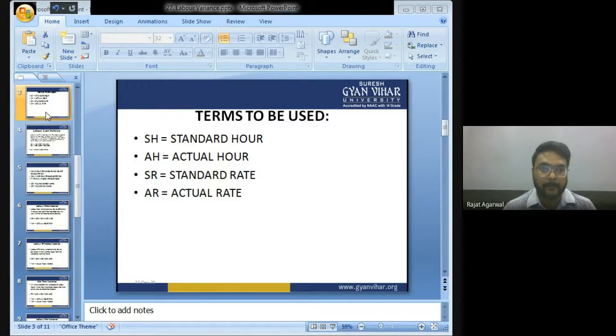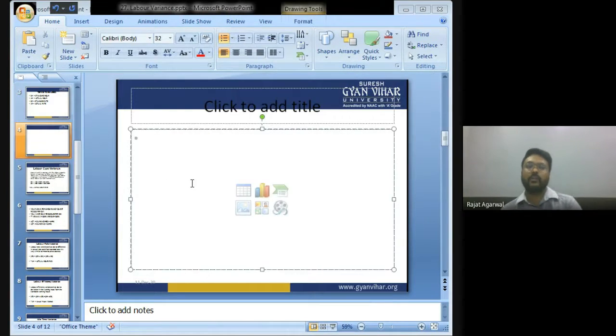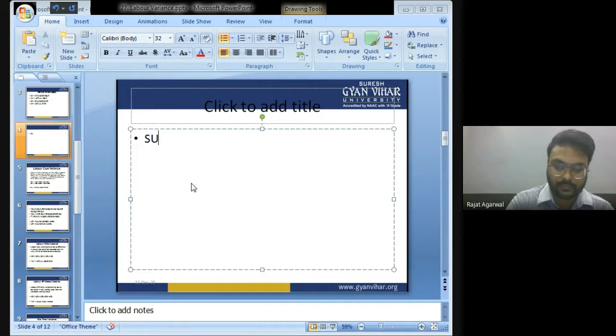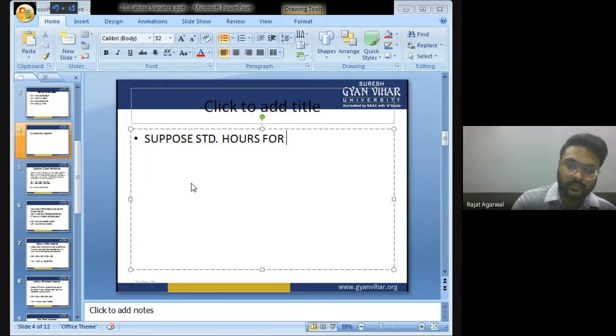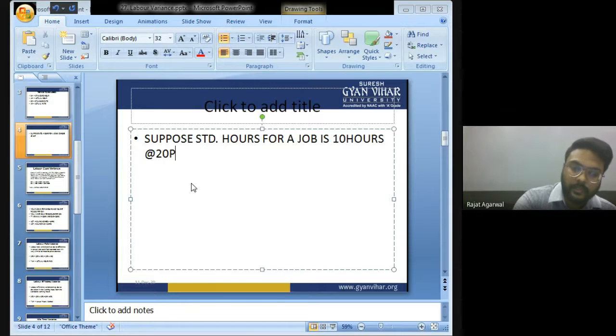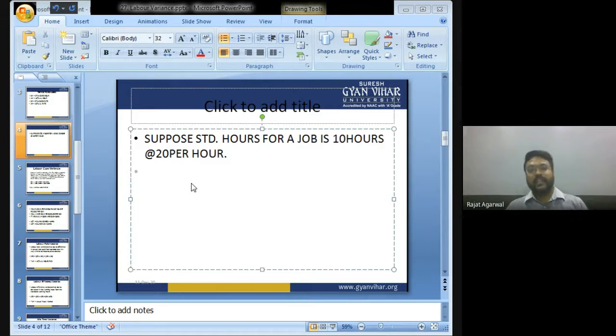Now suppose the standard hours for a job is 10 hours at the rate of 20 per hour.